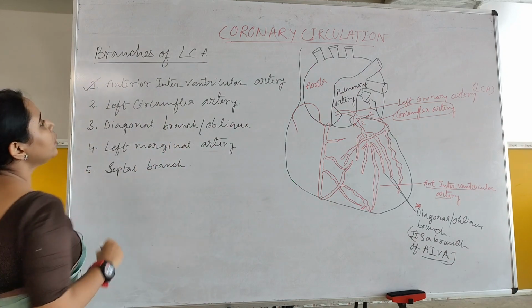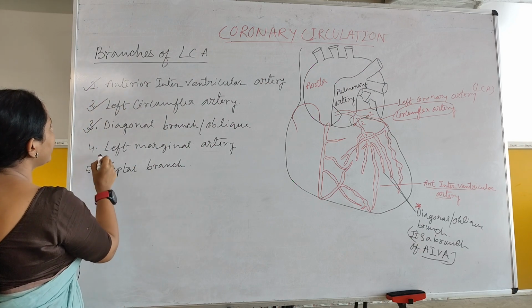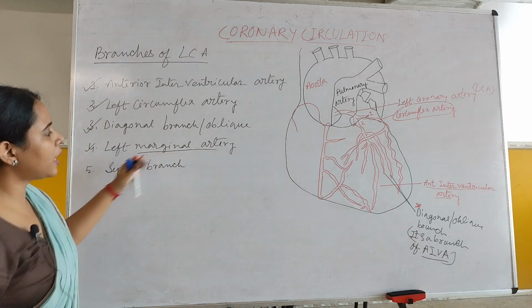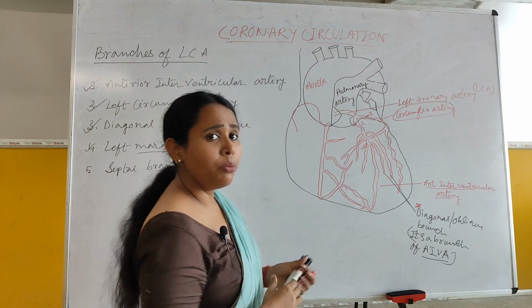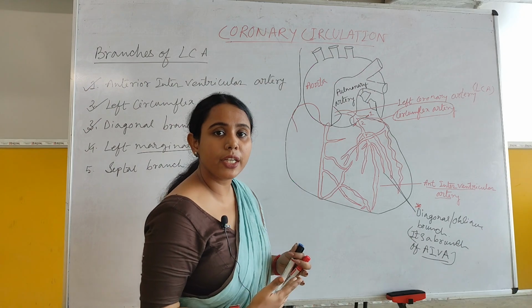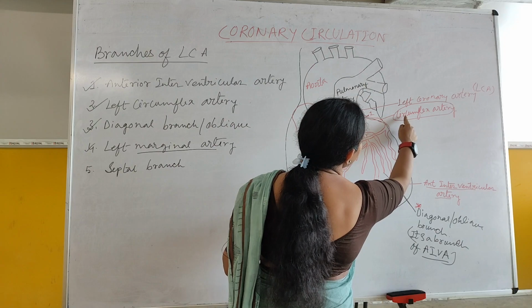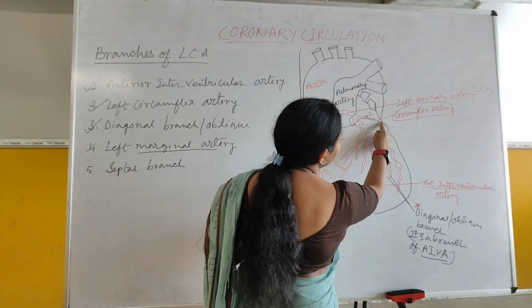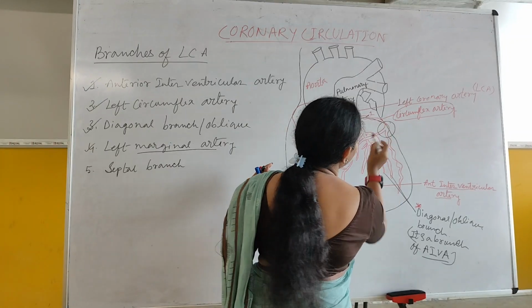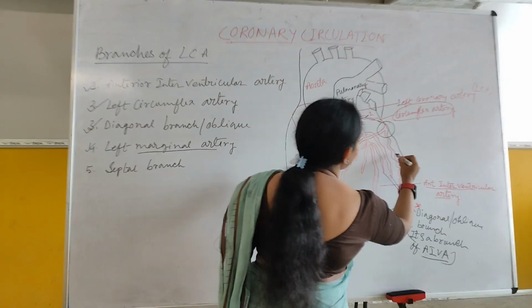Next, after the anterior interventricular artery and the diagonal branch, we come to the left marginal artery. Margin means the border, so it will definitely form at the border of the ventricle. This one is the circumflex artery. We can see that it takes a turn here. After taking the turn, it supplies the left part of the ventricle and that margin.